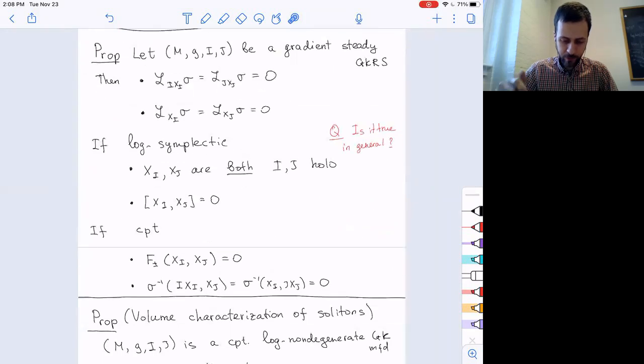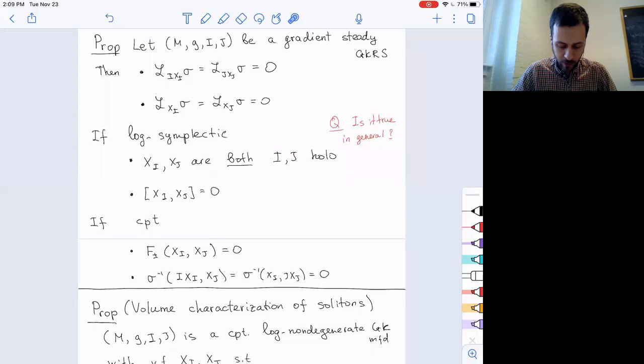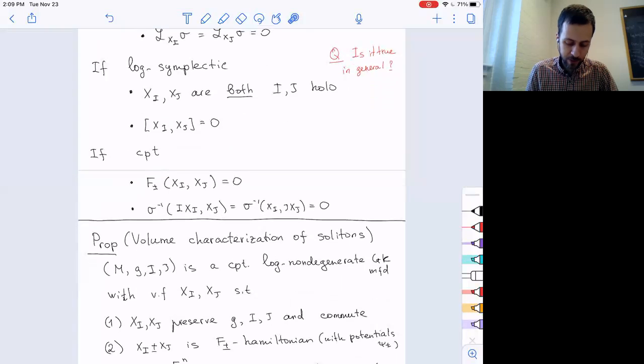They will preserve the Poisson tensor. They will be simultaneously I and J holomorphic and Killing, so they actually preserve the entire structure. And perhaps more importantly, ξ_I plus ξ_J and ξ_I minus ξ_J will be Hamiltonian with respect to the underlying symplectic forms.